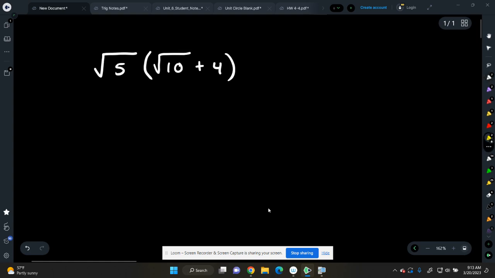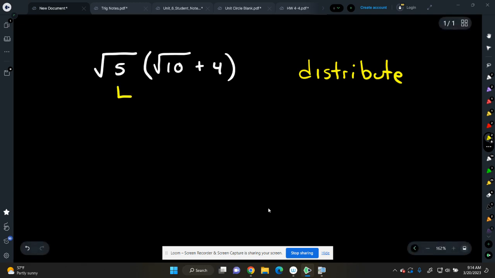So this is a problem that requires what? What do we have to do? It starts with a D. Distribute. There you go. This requires that we distribute.